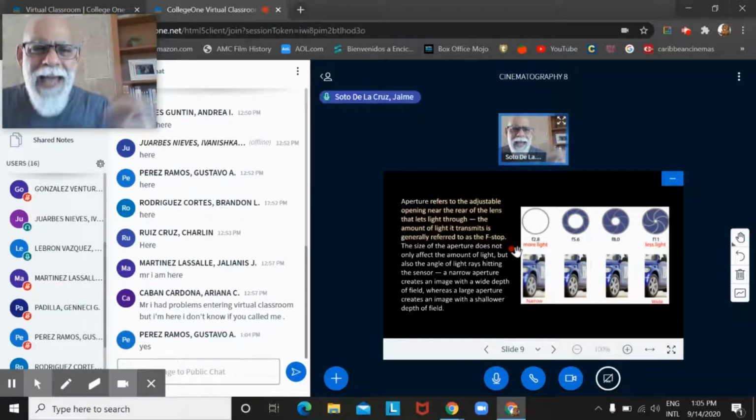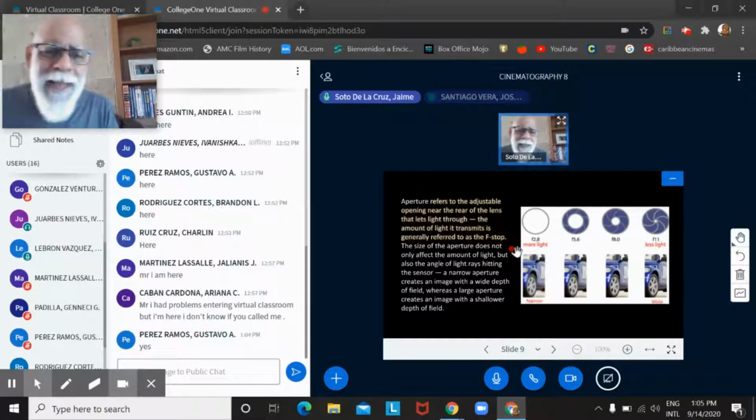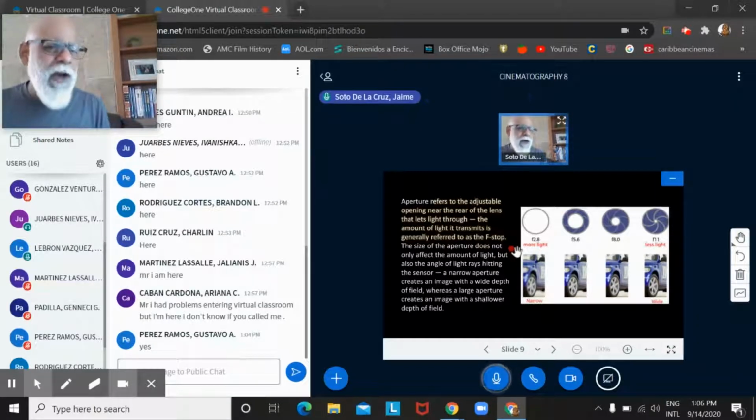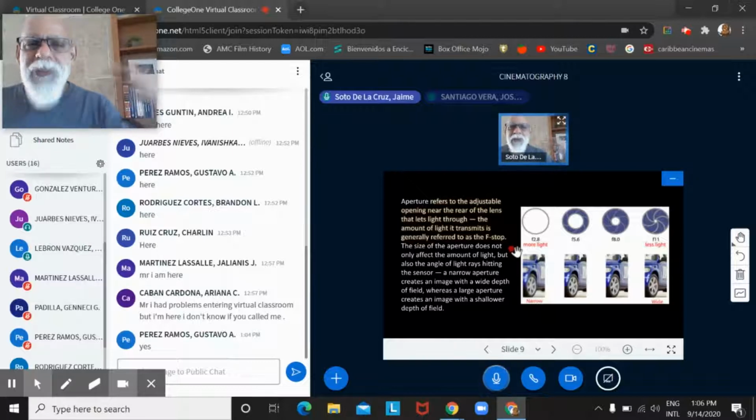So when we talk about f-stop, we're talking about a measure of stopping light, the same way that your iris stops light when you're out there on a sunny day. Well, the camera does the same. You're supposed to adjust your aperture, and the measure that you use is the f-stop. F-stops go from 1 to 22. And the bigger the number, the more light you're stopping.